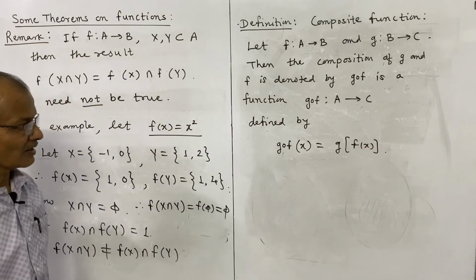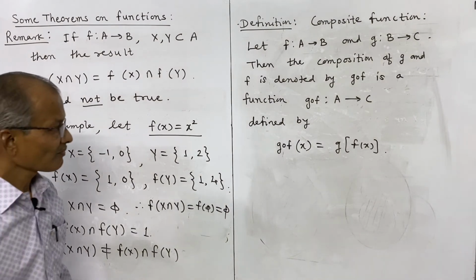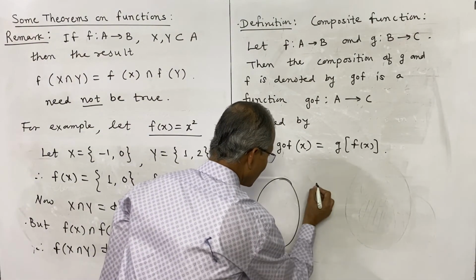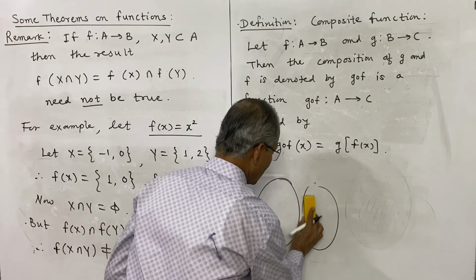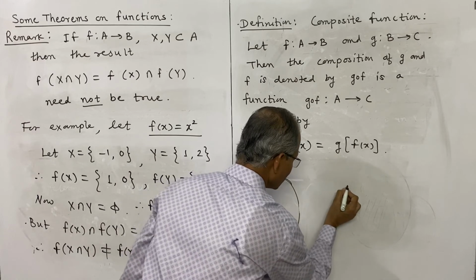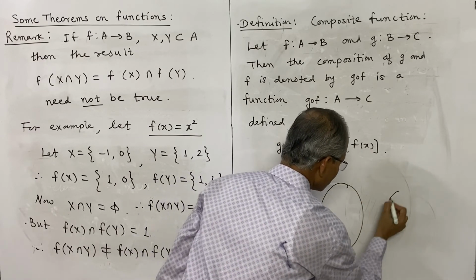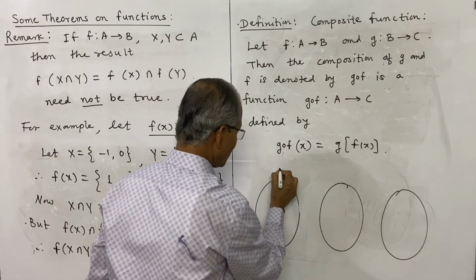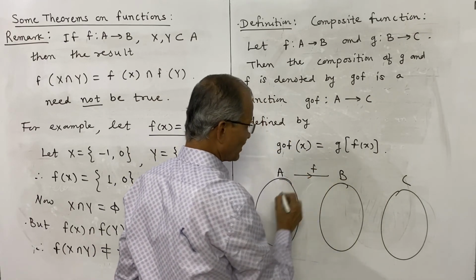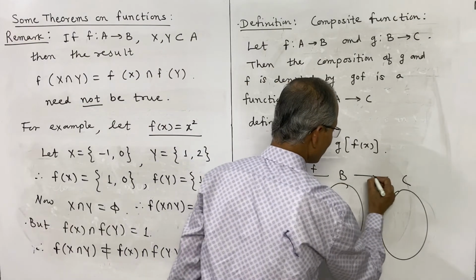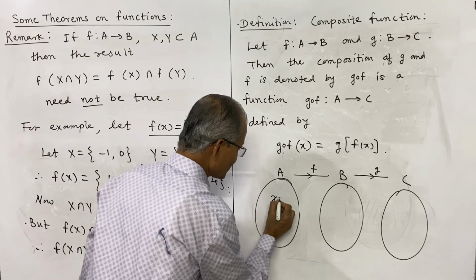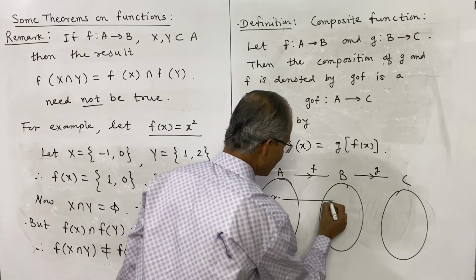So this is the composition of two functions, and you can consider the figure like this. Suppose these are the three sets A, B and C. F is a function from A to B and g is a function from B to C. If we have an element x here, then that will be related to f of x.